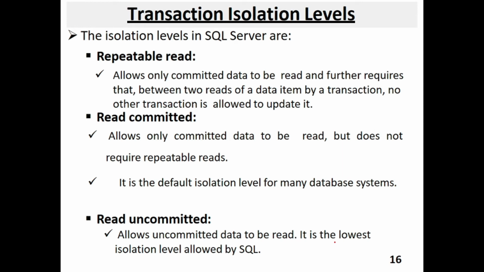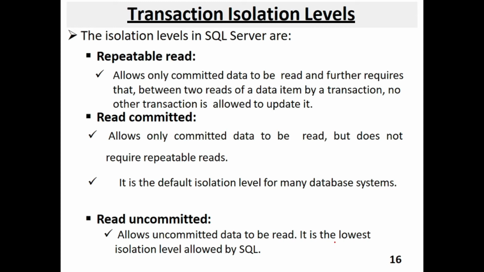Once it is repeatedly read until it finishes, either committed or rolled back, any other transaction cannot access it, cannot use it, cannot update it. This is what we call repeatable read.